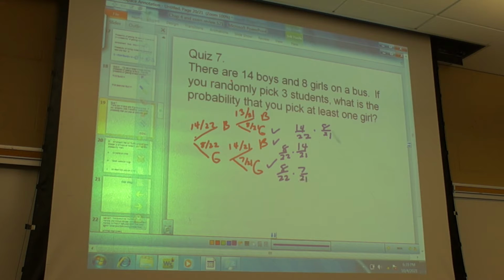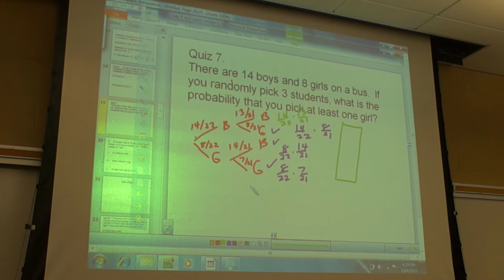I can find all those, multiply them, and add them up. Or I could just find this one, 14 out of 22 times 13 out of 21, and subtract it from 1 to get these guys. Do you guys see the difference? Yeah. So that's what I would suggest.